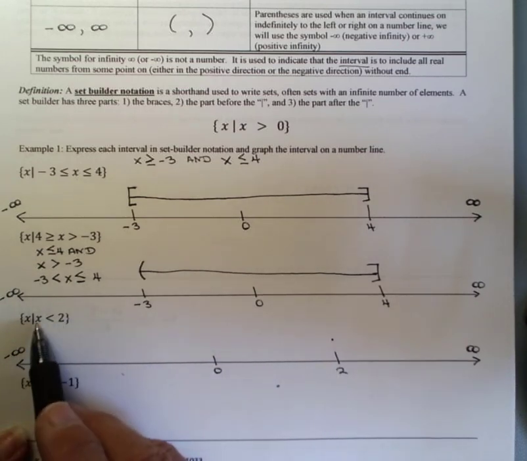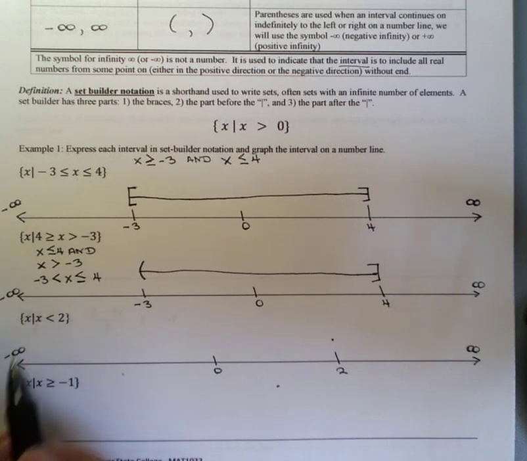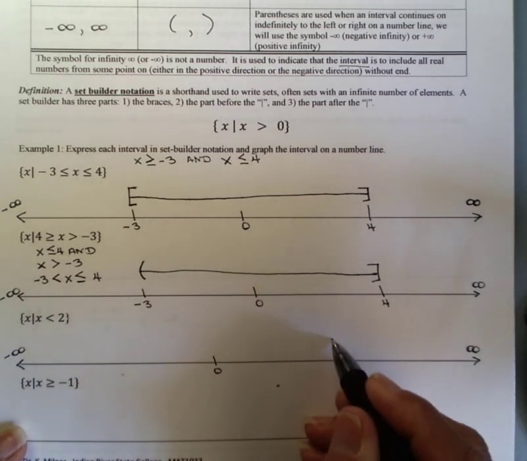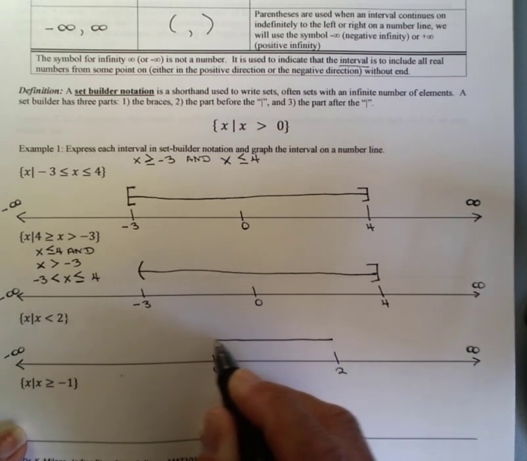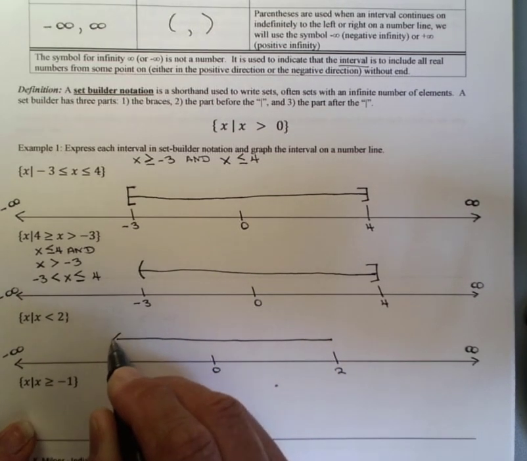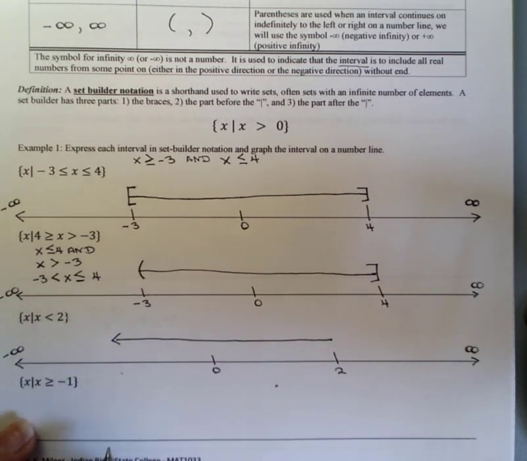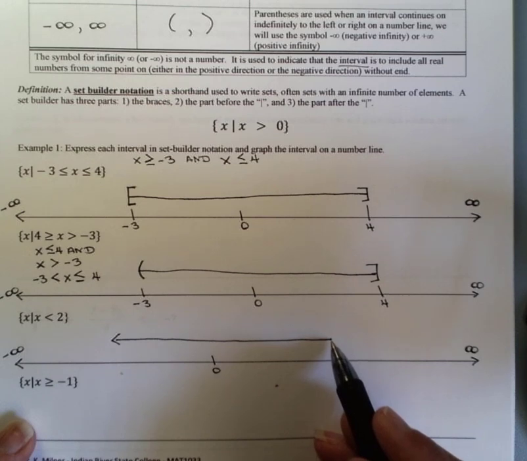If your variable, your x, is listed first in an inequality, you can always use the direction of the inequality to tell you which direction to go. And this is what I'm doing. It goes forever and ever, doesn't it? So I can put an arrow anywhere I want to. Now, which bracket do I use over here?